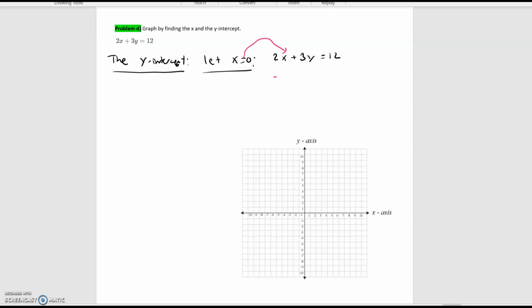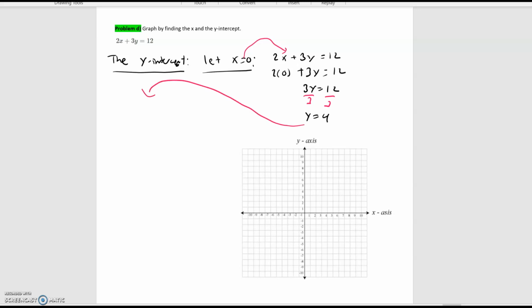This will give us 2 times 0 plus 3y is equal to 12, or 3y is equal to 12, and then we'll divide by 3, so y is equal to 4.